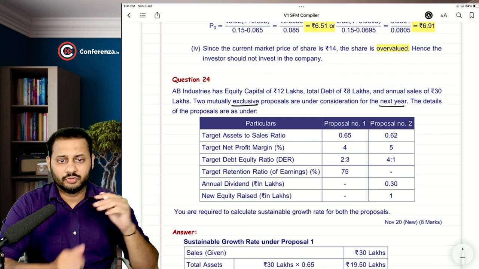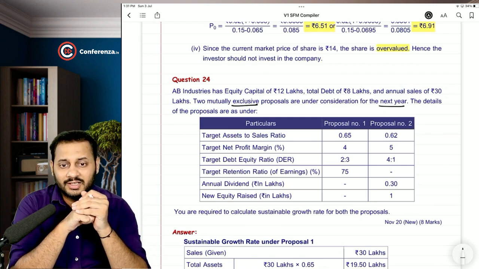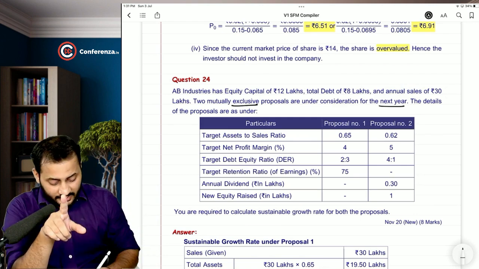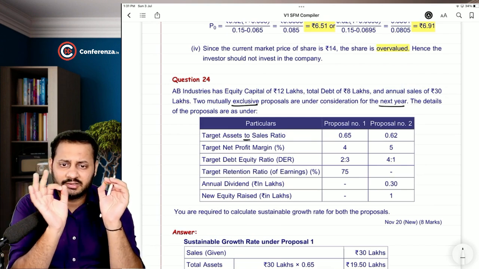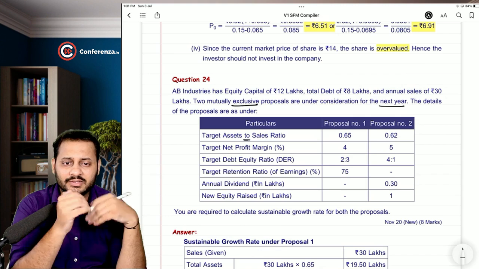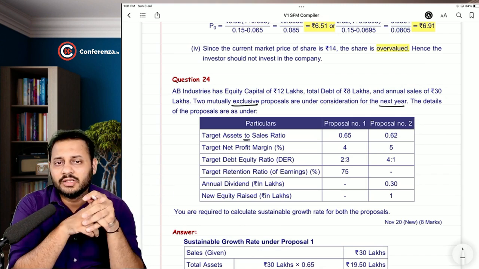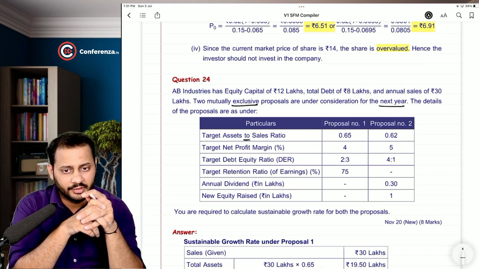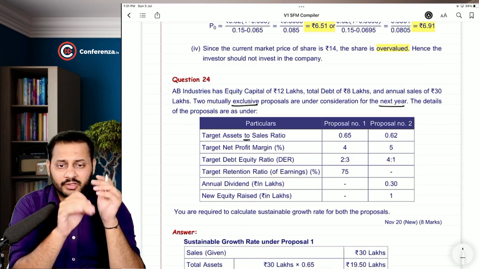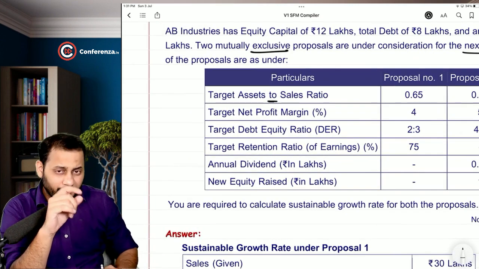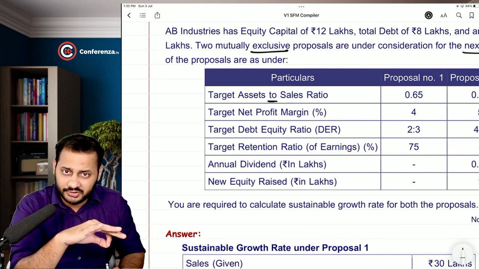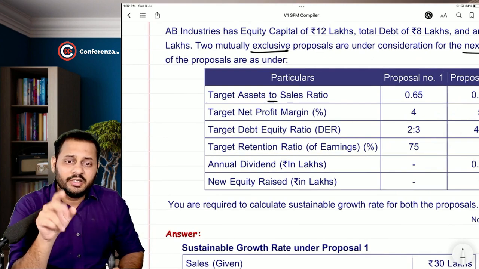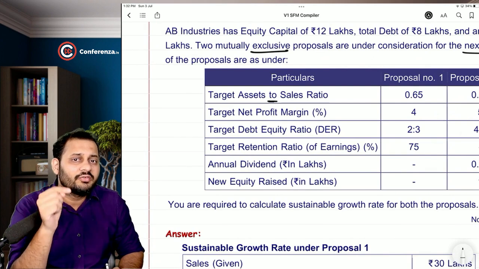Target assets to sales ratio. Understand and underline the word "to". It is clear as it is written: assets divided by sales is equal to that ratio. Okay. Target net profit margin. See, in the previous example, there was something called operating profit margin. It means interest was not deducted from that amount.